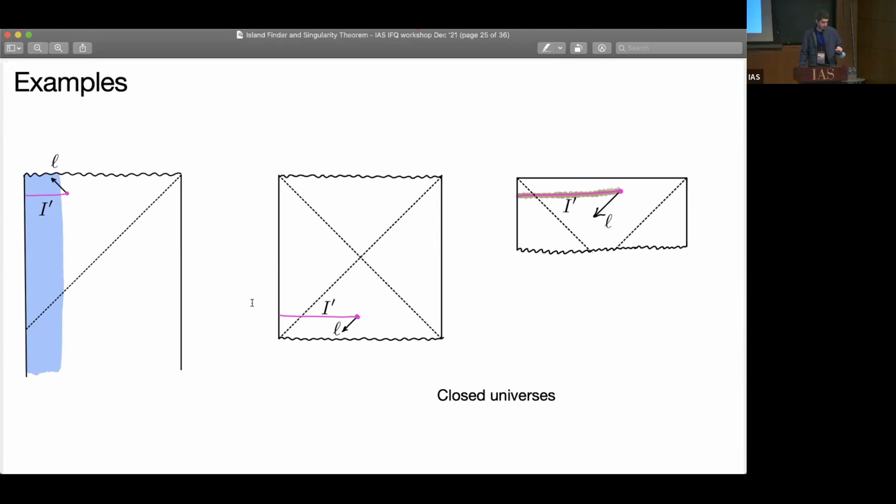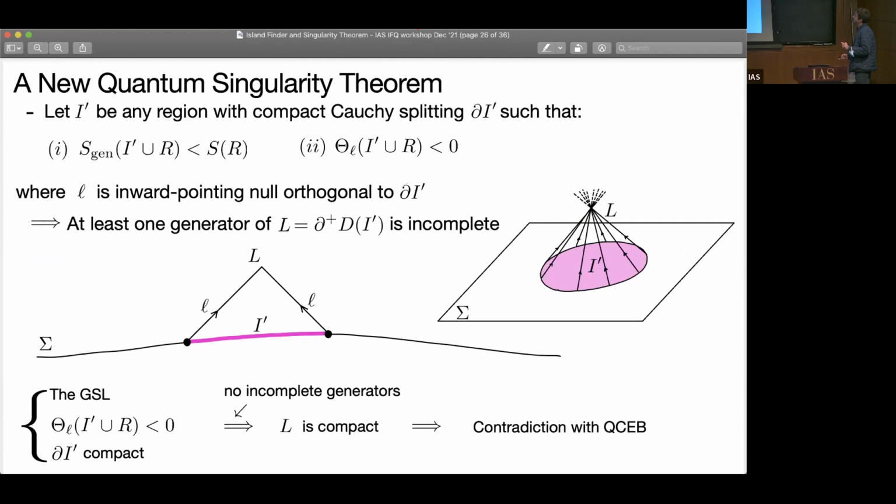Okay, so this seems like a natural classical theorem, and I'm just going to present you with the quantum version of this theorem. So the statement for I prime is as before, except now condition 1 is being replaced by the hyperentanglement condition, and the classical expansion sign is being replaced by the quantum expansion of L in I prime union R being less than 0.